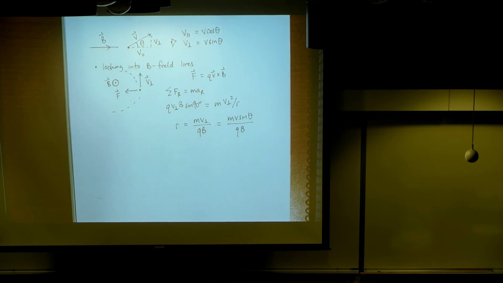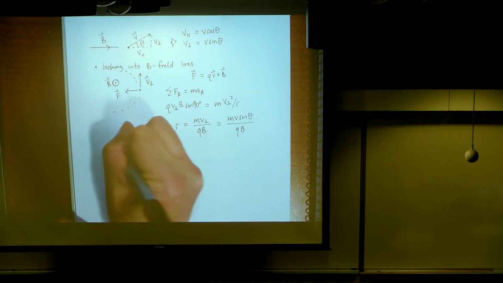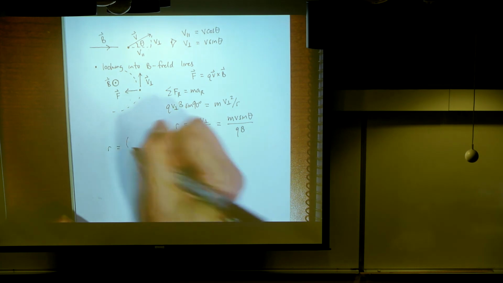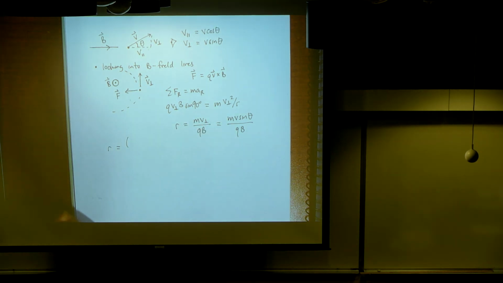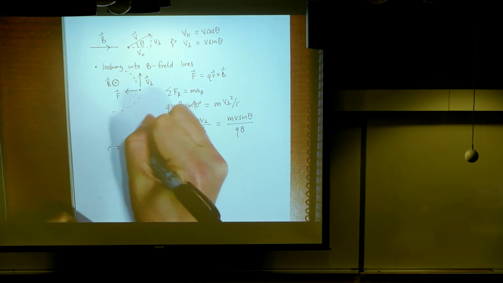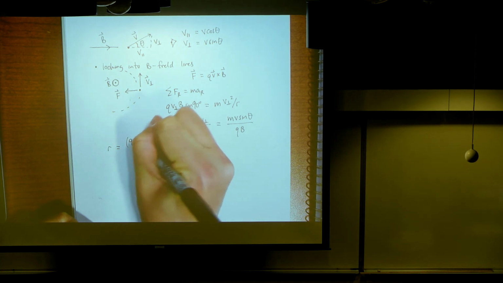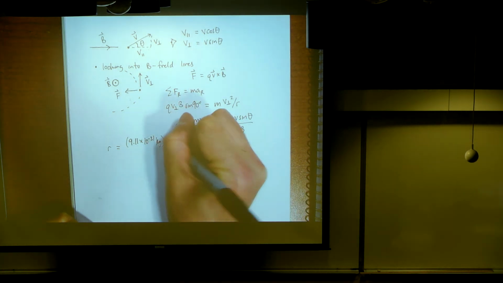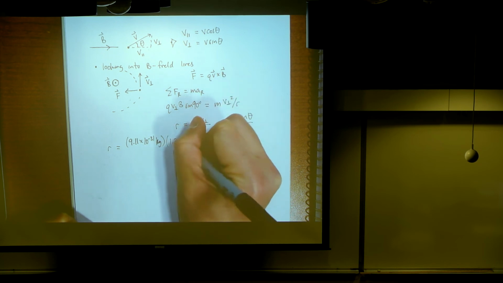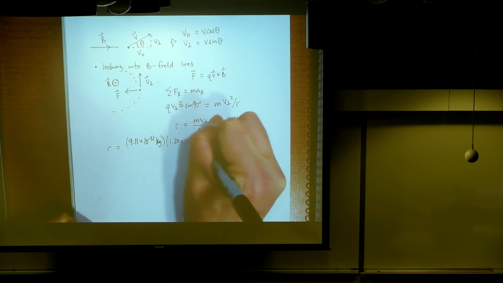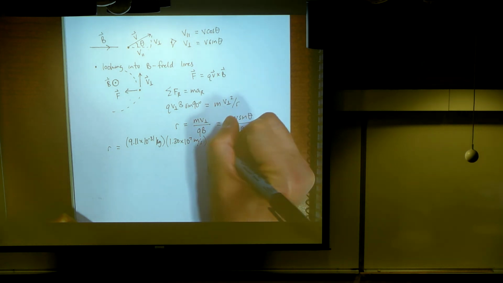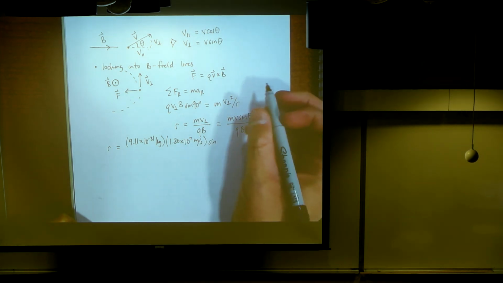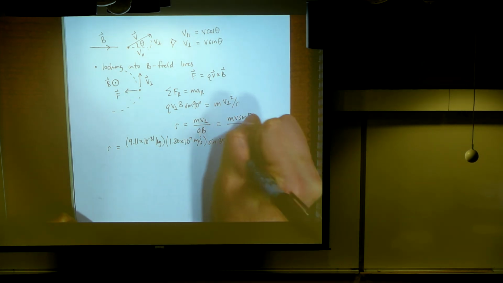So let's do it. What's the mass of an electron? 9.11 times 10 to the minus 31 kilograms. V was 1.3 times 10 to the 7 meters per second, and sine of 35 degrees was what we had for this problem.